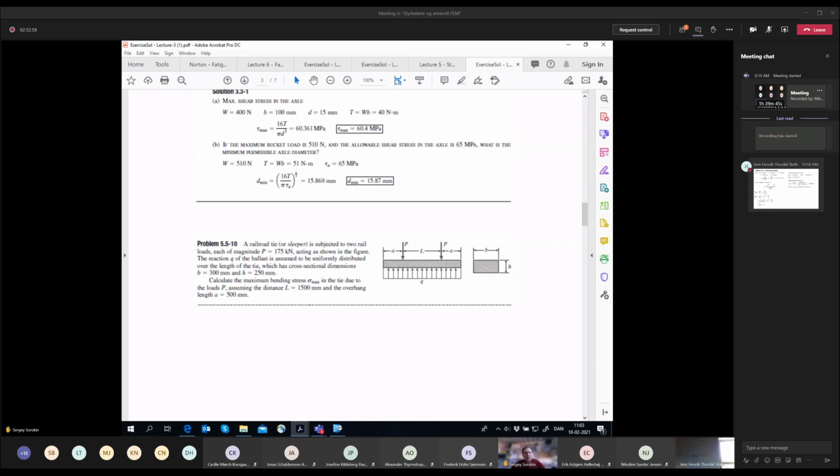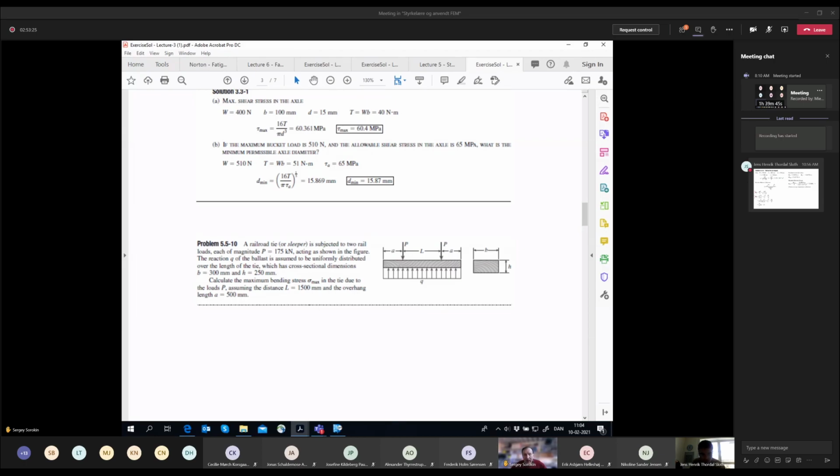You are a bit too fast, because you have the intensity q. The force resultant will be indeed, as you wrote originally, q times x. Then you take this force resultant and multiply with the arm.